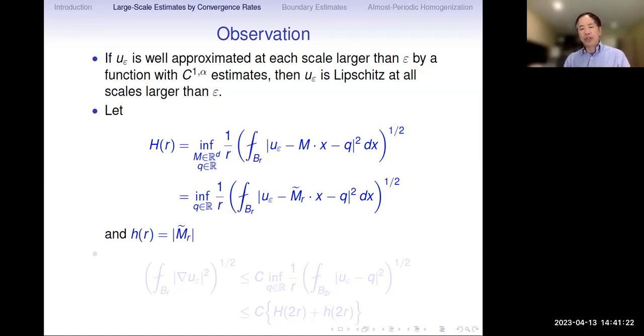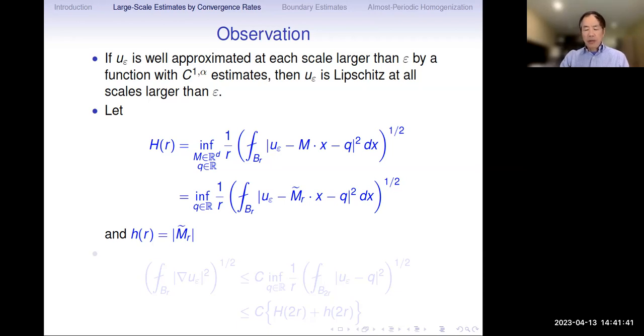I call it m tilde sub r, and I still keep the q arbitrary there in the infimum here. Okay, and I define the absolute value of m tilde r to be little h of r.